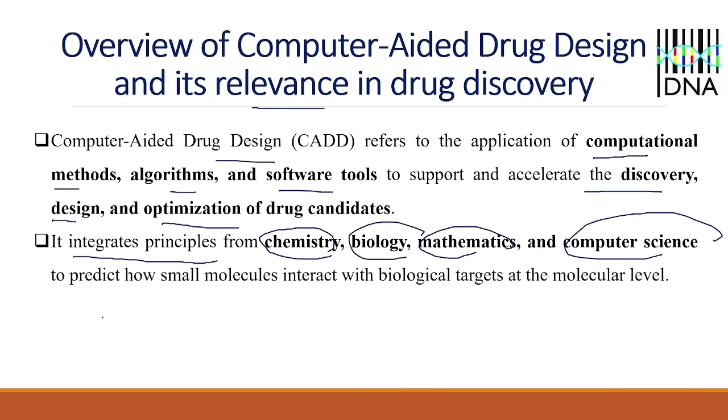Let's suppose we take an example of S. aureus. Many students know about S. aureus. Kindly comment in the comment section what is the full form of S. aureus and what is its category. So S. aureus is a bacteria, and it has an enzyme, dihydrofolate reductase, also known as DHFR.